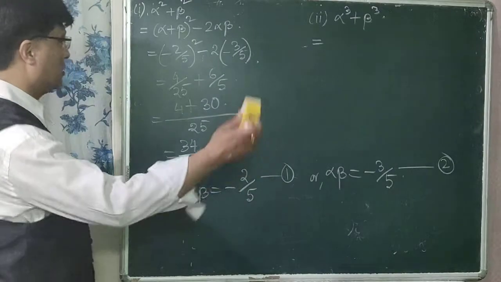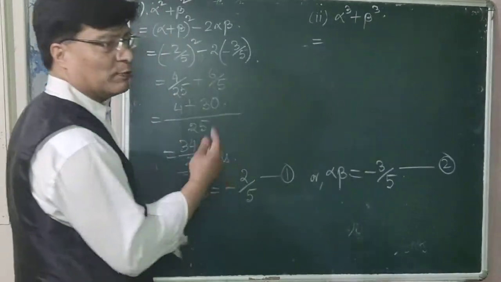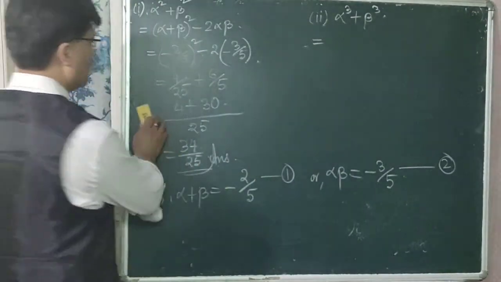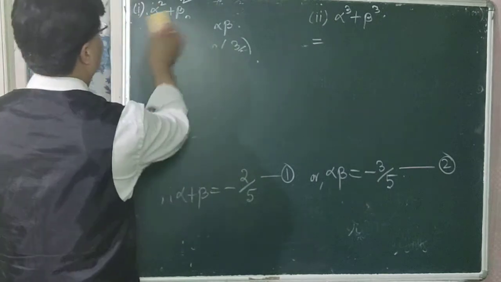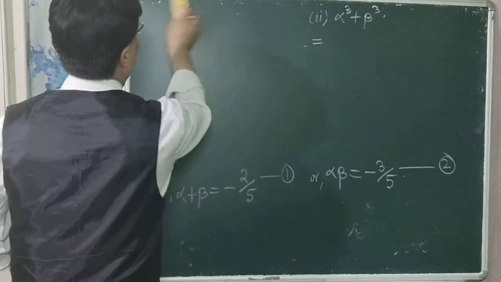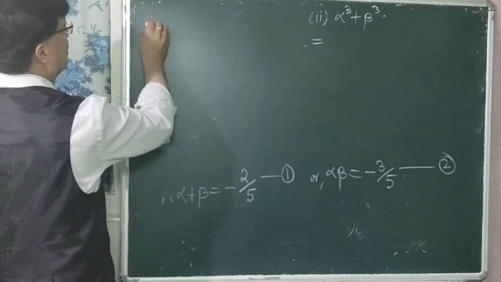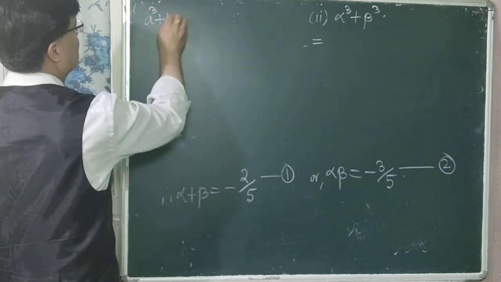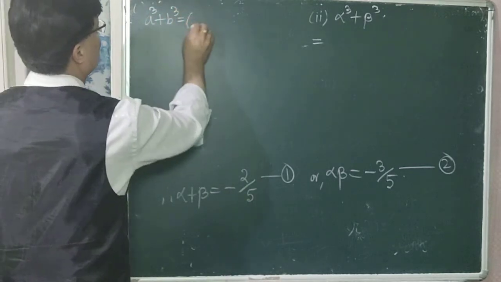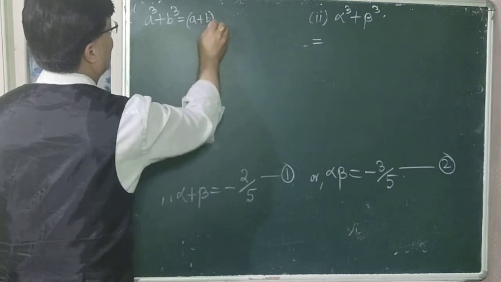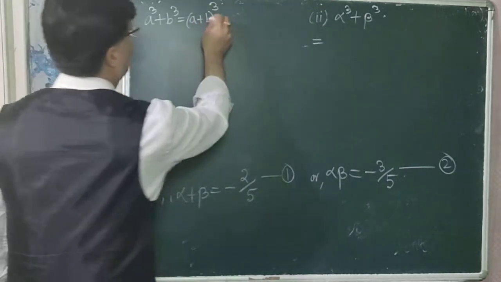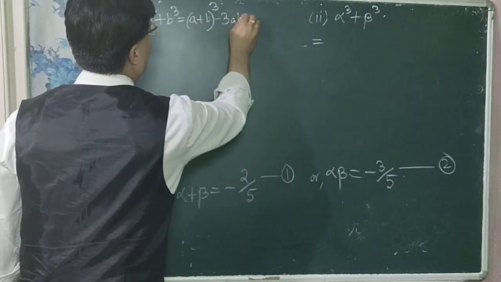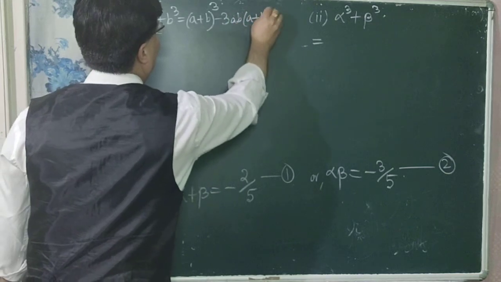Okay. So what is alpha cube plus beta cube? In this case, which formula is used? You can use the formula of a cube plus b cube, right? A cube plus b cube, which is equal to, what is the formula? A plus b whole cube minus 3ab into a plus b.